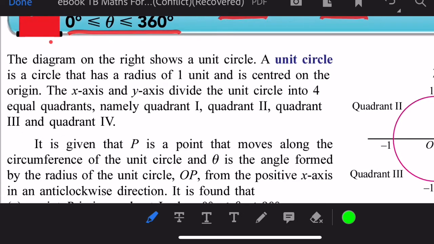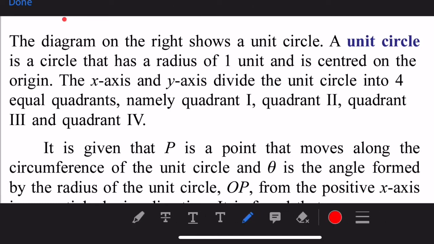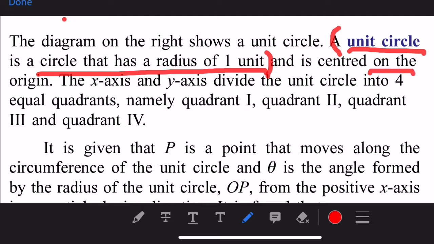The diagram on the right shows a unit circle. So now I want to introduce to you what a unit circle is. A unit circle is a circle that has a radius of 1 unit. Now this is a very important sentence. What is a unit circle? It's a circle that has a radius of 1 unit and is centered on the origin.